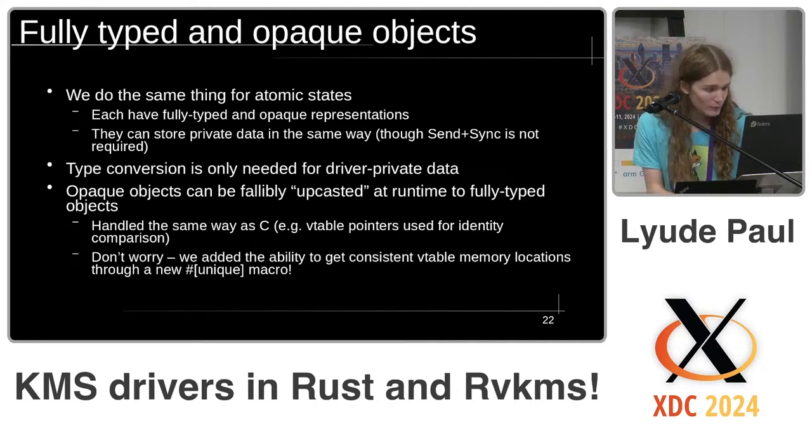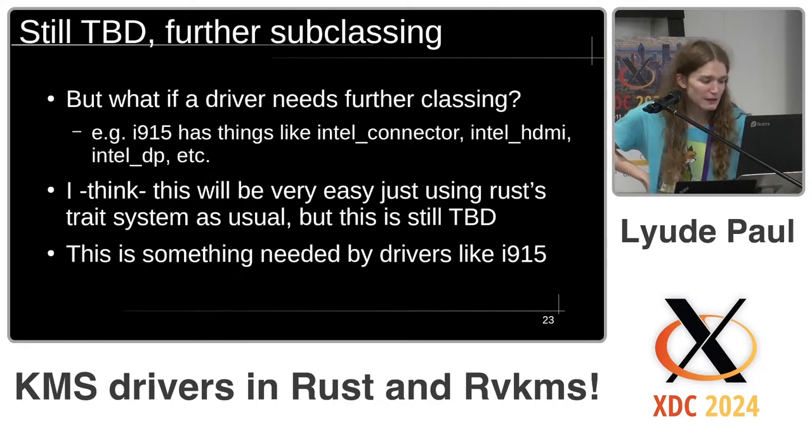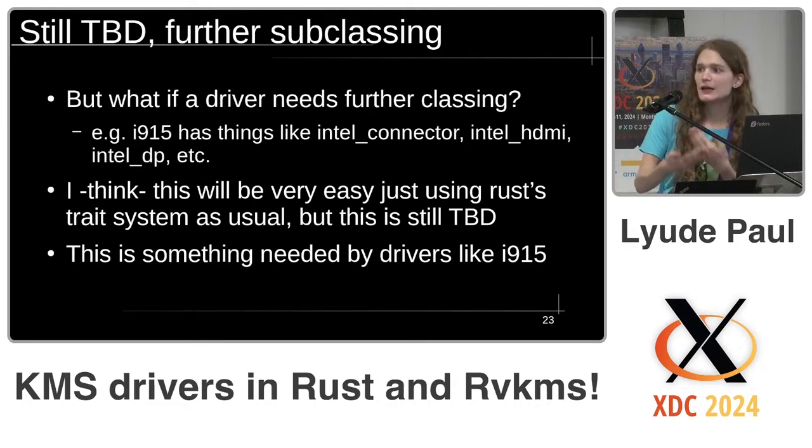But luckily, thanks to some of the work that's been going on, we actually have a macro for implementing this now. So the one thing that's not entirely figured out here yet is if a driver needs further classing. For instance, i915 has more granular subclassing when it comes to a lot of its mode objects. Things like Intel connector are sort of like an upper level representation of an object, whereas you would have Intel HDMI, Intel DP, and that sort of thing to represent the different types of connectors that you would have.